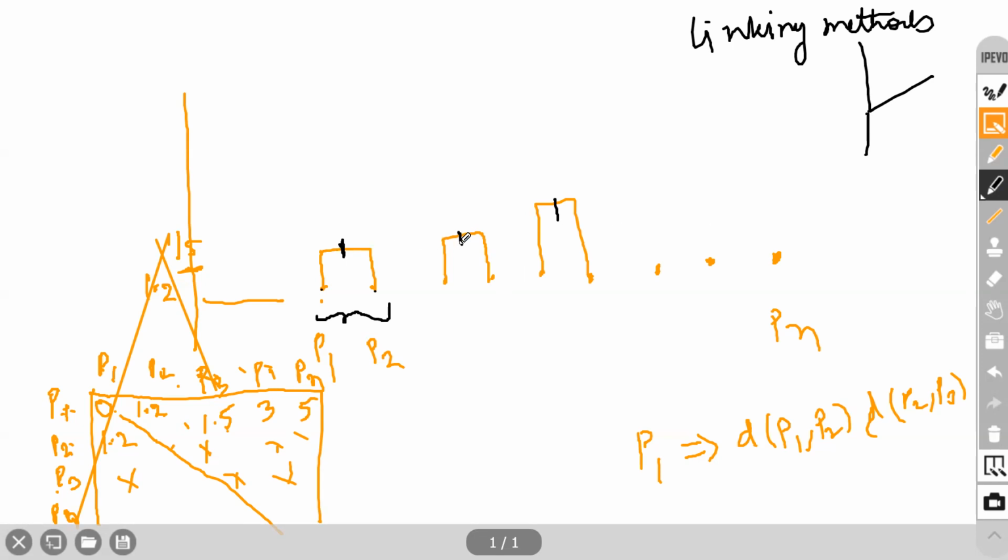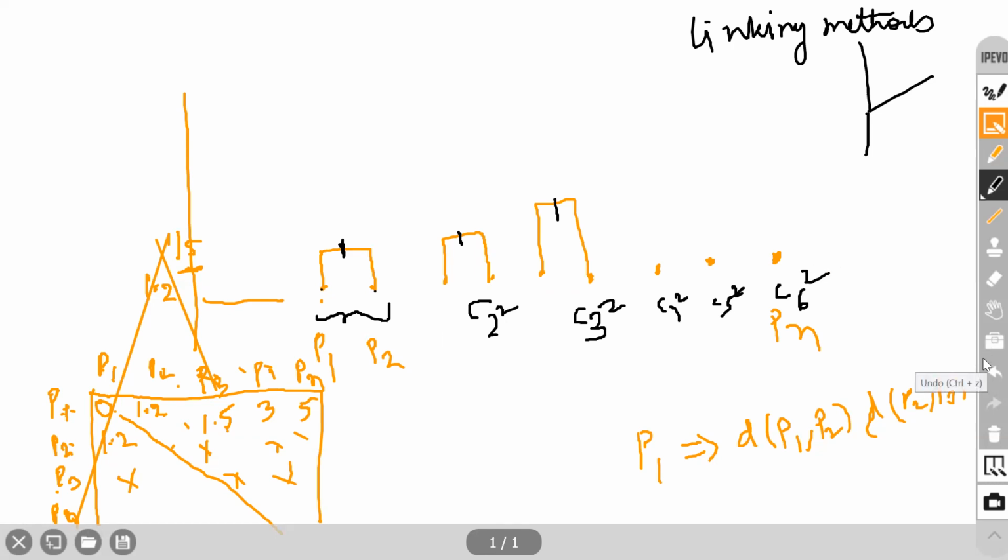So now I am treating this as a cluster, suppose cluster 2, cluster 3, and I am giving the names at the second iteration: this is cluster 4 at second iteration, cluster 5 at second iteration, cluster 6 at second iteration, because every time we can use them.